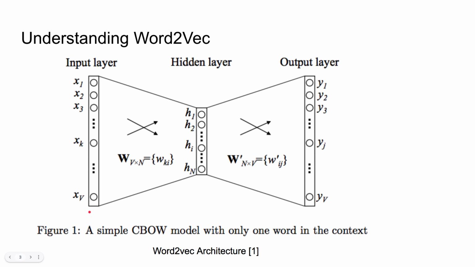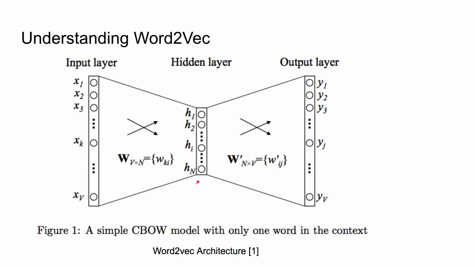So if you have a vocabulary of size 10,000, then the vector length is 10,000. And for a given word, let's say the word is x sub k, the value of that corresponding vector is 1, and the value for the remaining vector positions is 0.